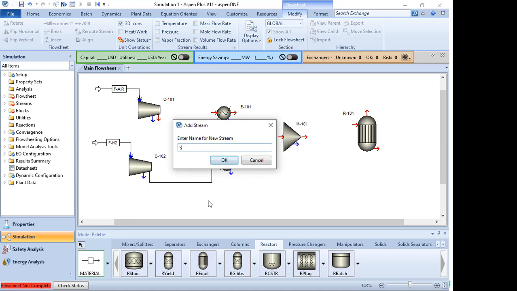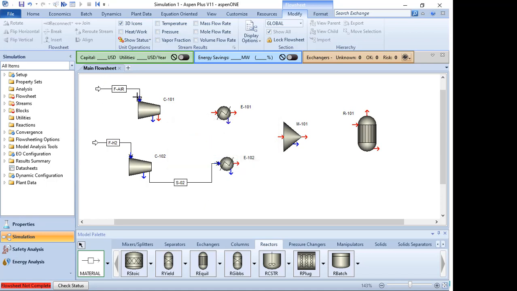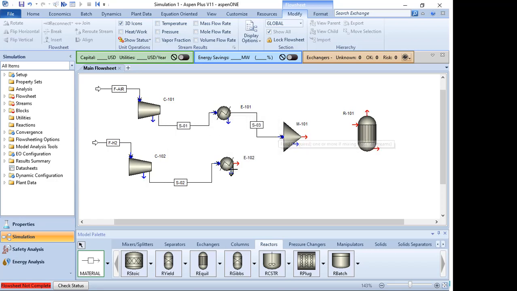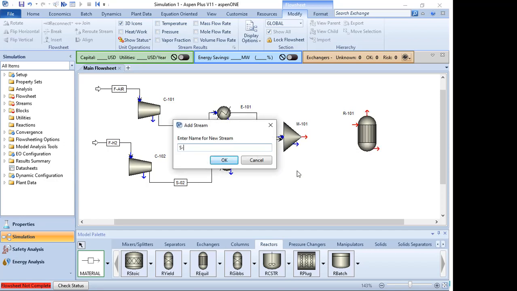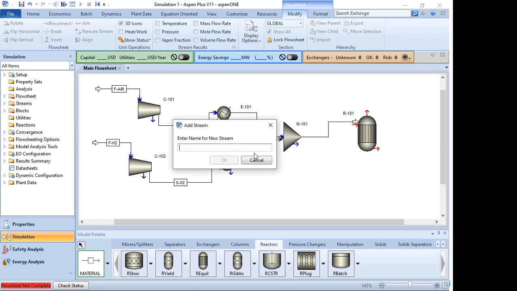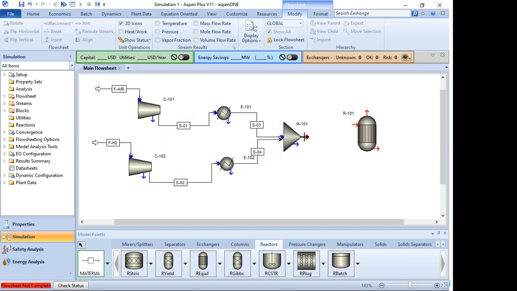This one is stream O2, this one is stream O1, this one is stream 03, and from exchanger 102 stream 04. Oh sorry, that one is a basic mistake.